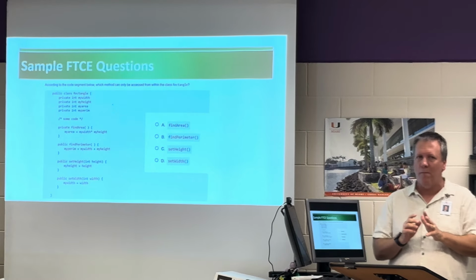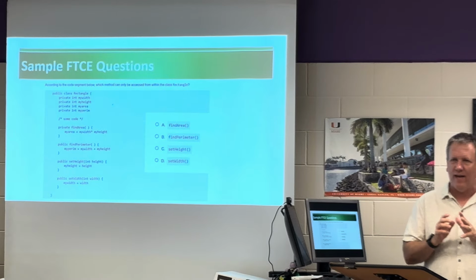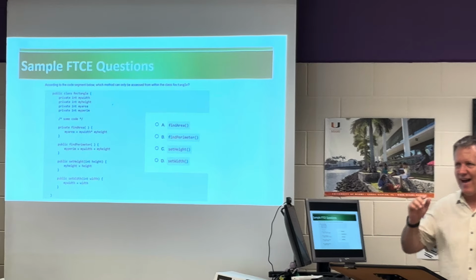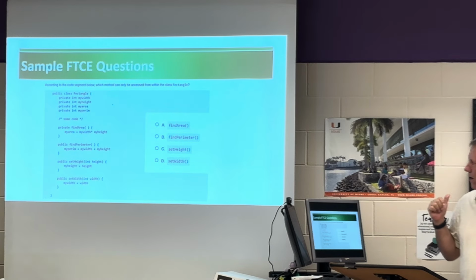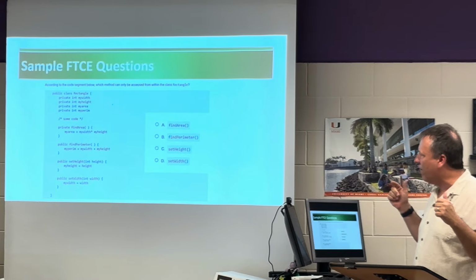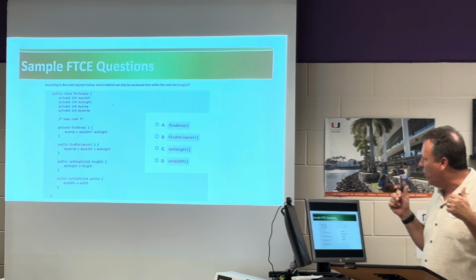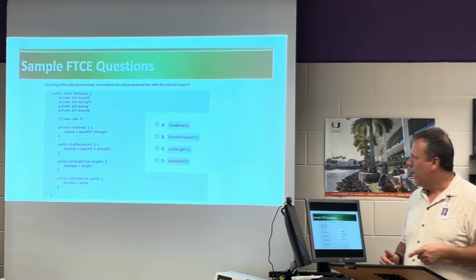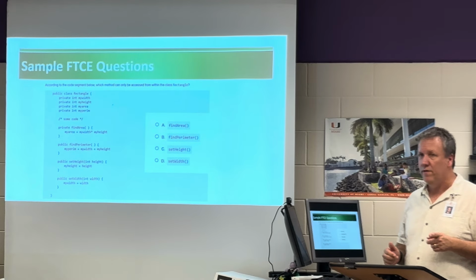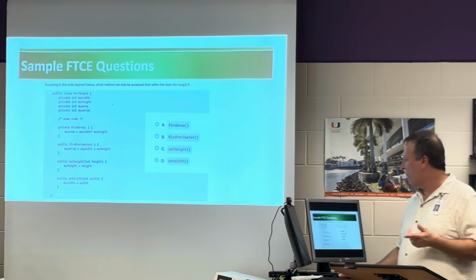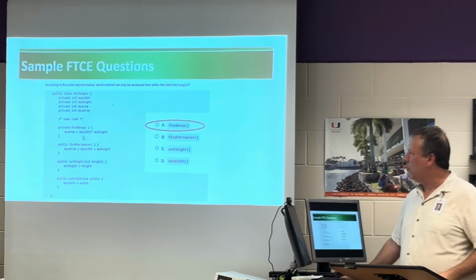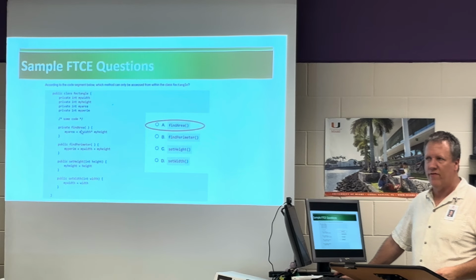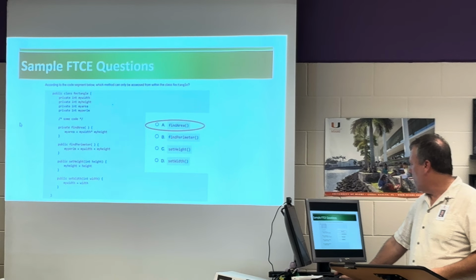I mentioned there's something about a particular method that would say I can't access it from outside the class. I've got findArea, findPerimeter, setHeight, and setWidth, but one of them is different. The private one, which one? findArea. Does that make sense? So findArea is private. That's the one that can only be used within the class itself because it's private. Cool.